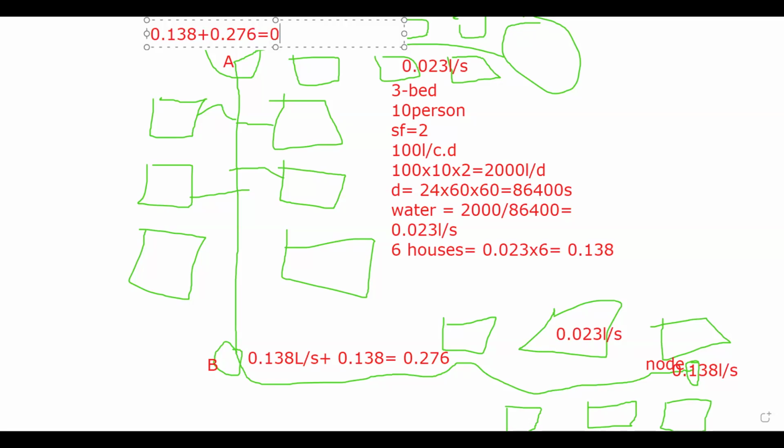That becomes 0.414 liters per second. Now I'm going to open the floor for people to ask questions.